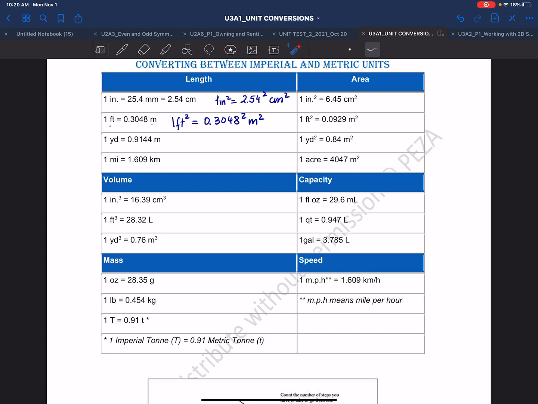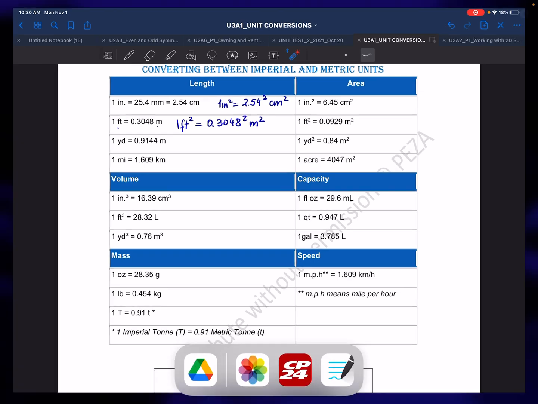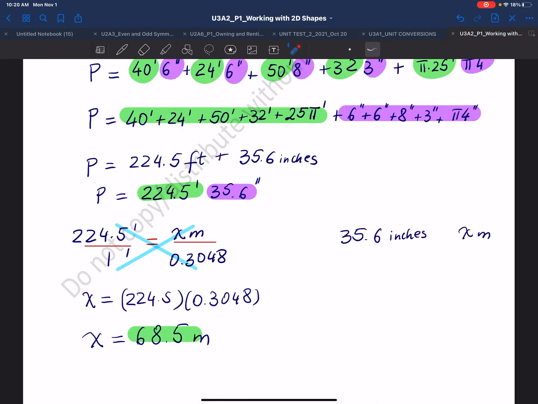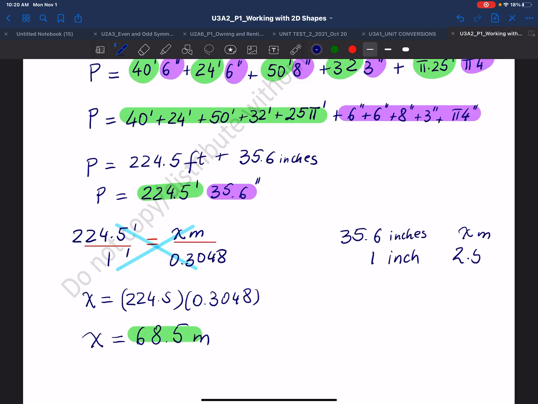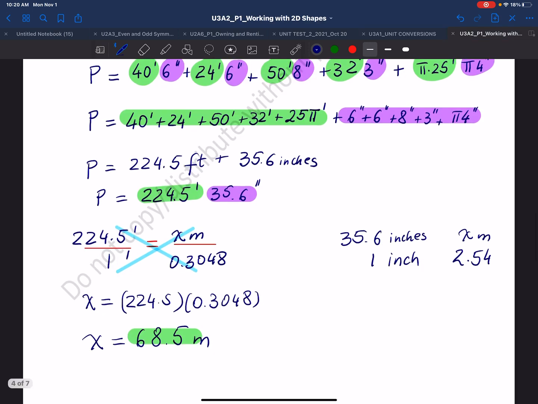So 1 inch is 2.54 centimeters. Okay, so if you want conversions into meters, then you can multiply 2.54 by 10 to the negative 2.